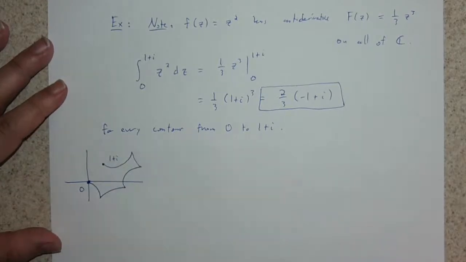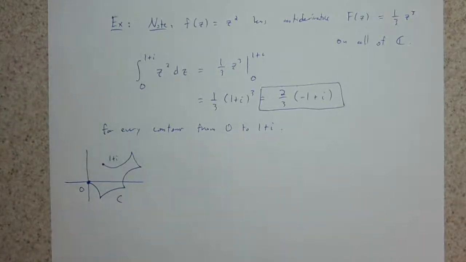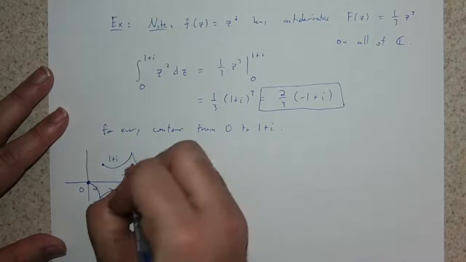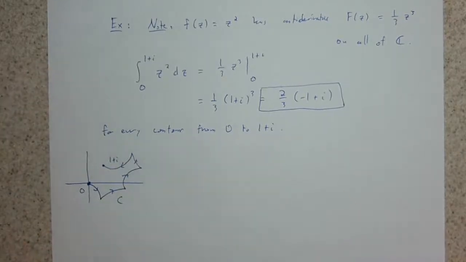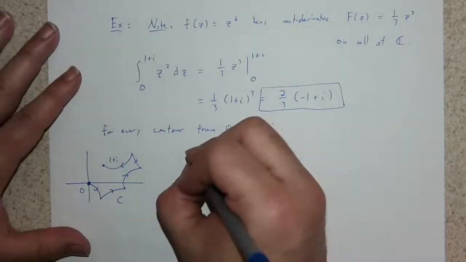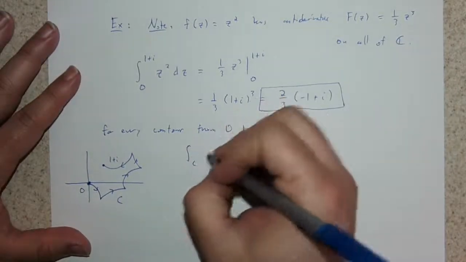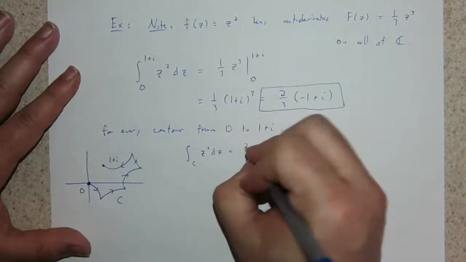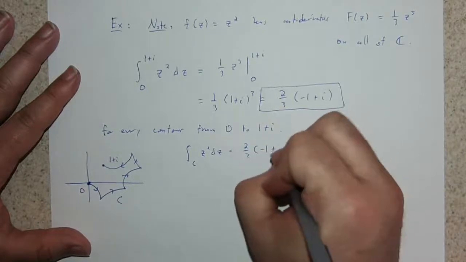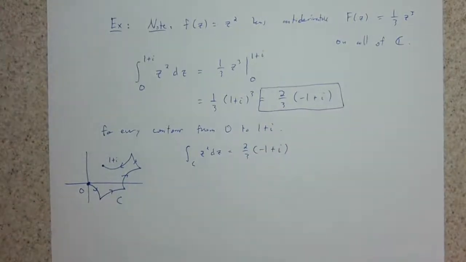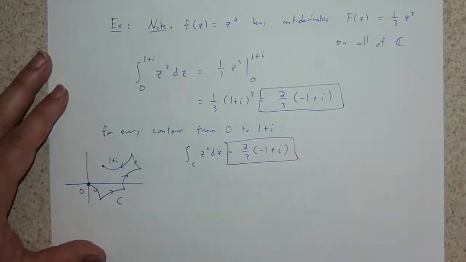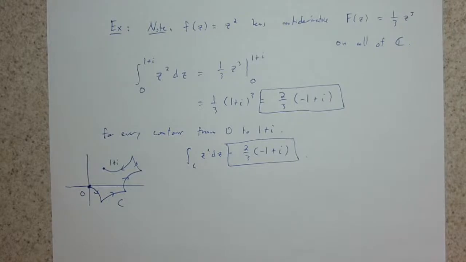There, here's my C. But it went like this, from 0 to 1 plus i. There's my contour. Well, it doesn't matter. Then all I know is that the contour integral along that contour of z squared dz is still 2/3 times minus 1 plus i. So super duper nice, really, really nice.